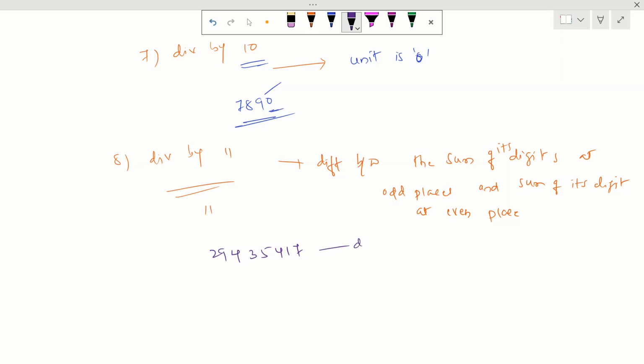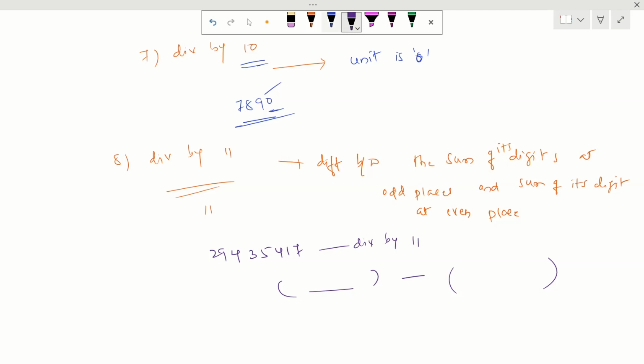We have to check whether this number is divisible by 11 or not. How to check this one? We take the sum of its digits at odd places minus the sum of its digits at even places.